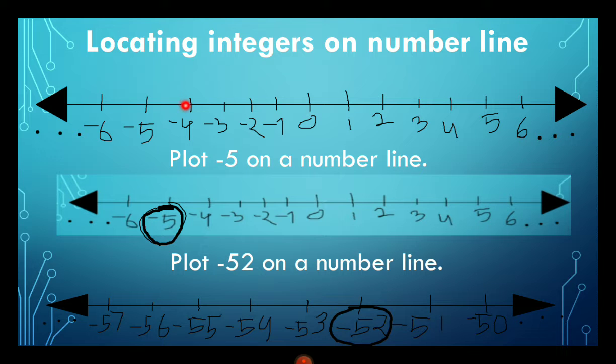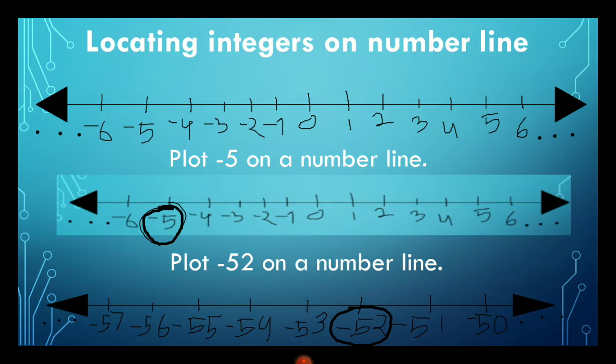Now, how do you locate integers on a number line? Let's see. This is the number line of integers, as you can see. Let's see some examples. Plot 5 on a number line. So you need to draw this number line and plot 5 like this, right? Now, plot -5 on the number line. Sorry, plot -52 on the number line. How do you plot? Will you write 2, 1, 0, -1, -2, -3 and so on?